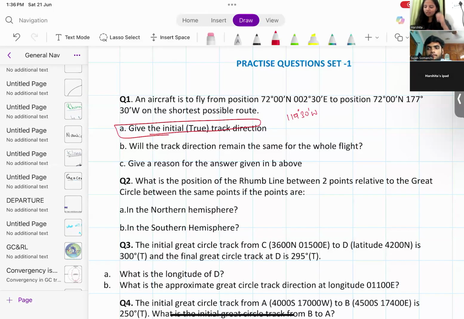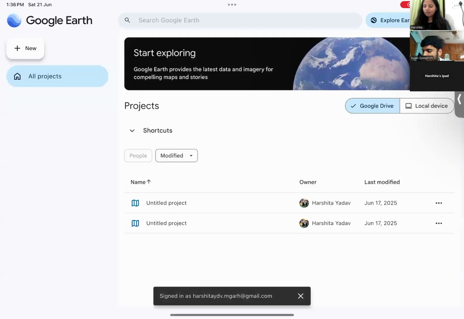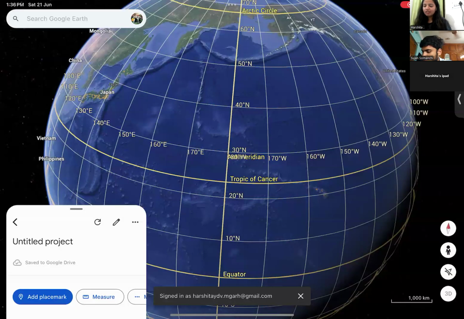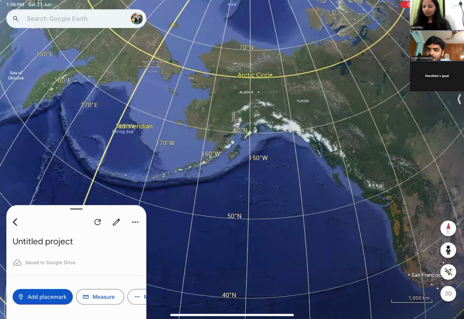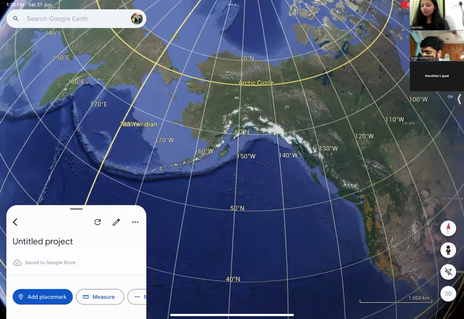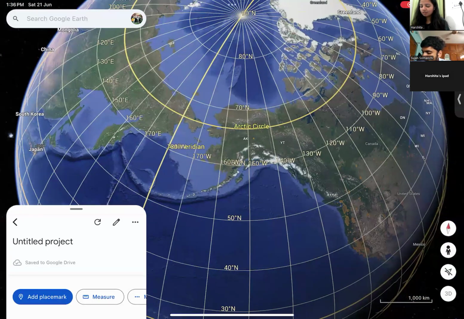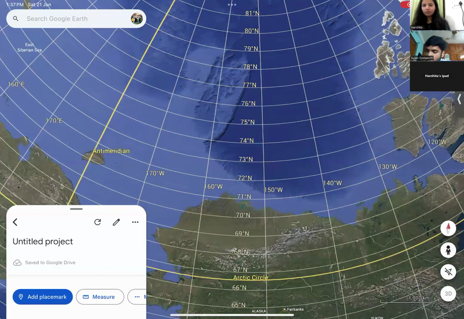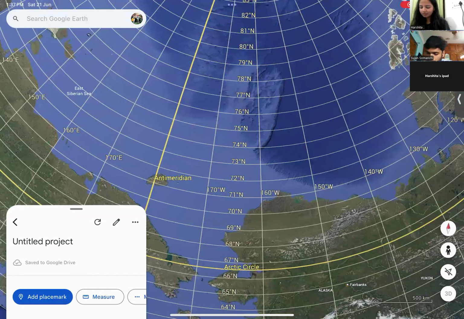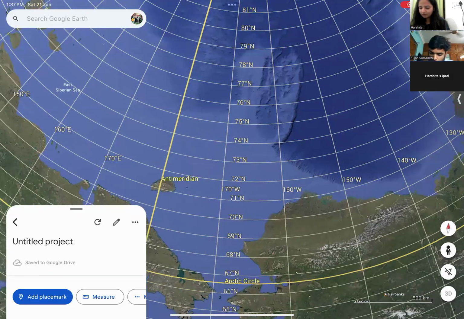If you want to travel the Earth in the east-west direction, the points are 72 degrees north on the anti-meridian 177.3, right? Yes, ma'am.